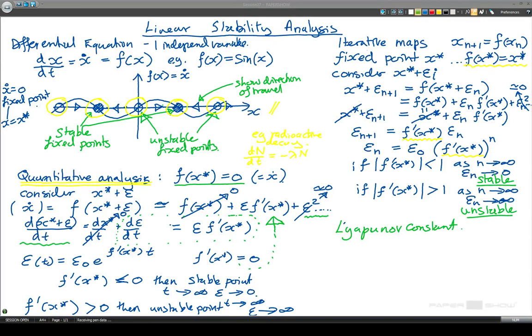What we look at is an average of the natural log of the derivative function at x star, where n is a large number. And we'll call this constant lambda.